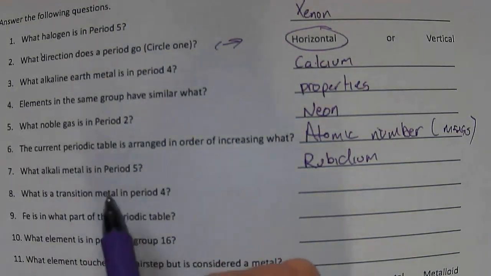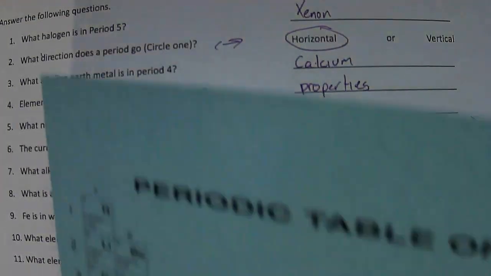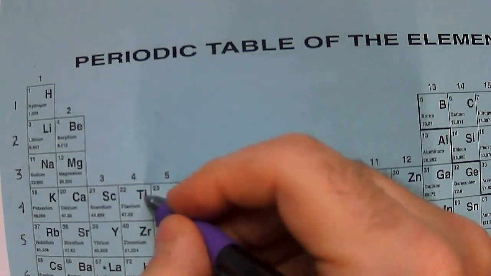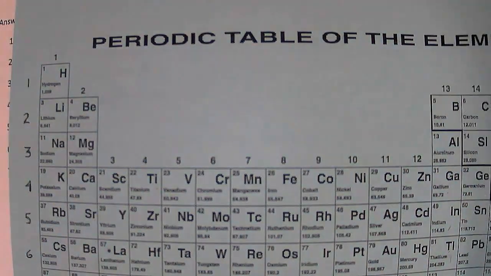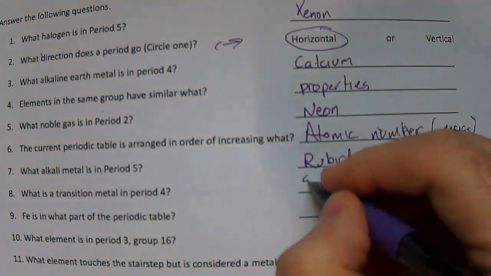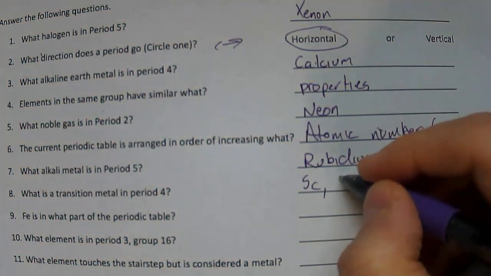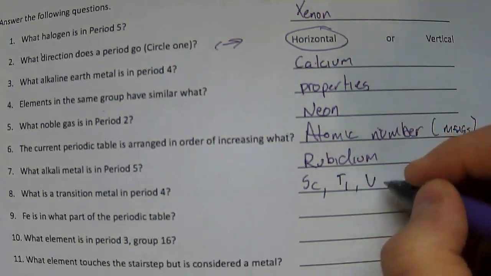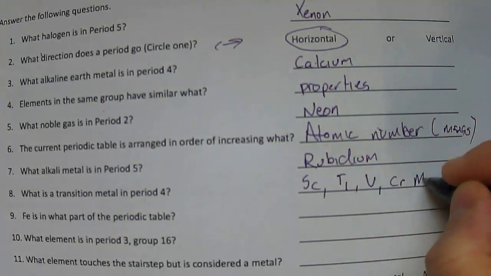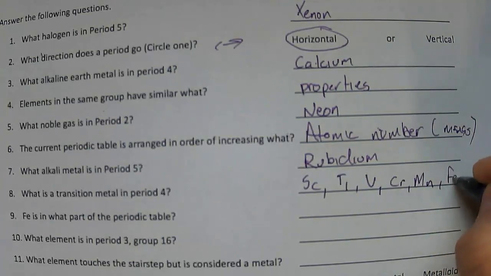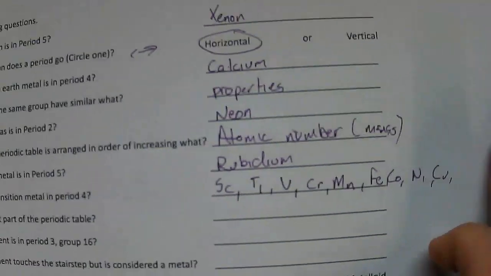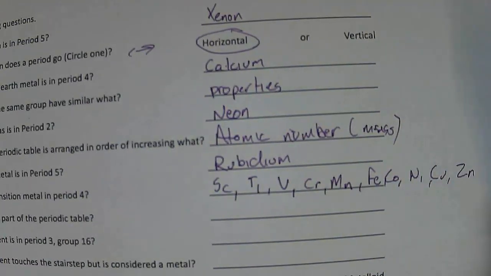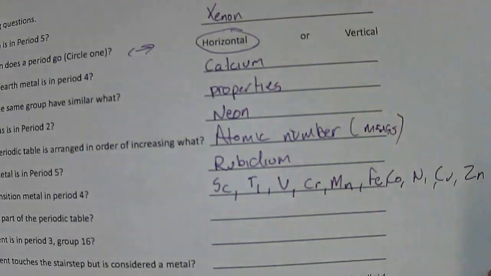Okay, what transition metal is in period 4? Okay, so period 4, could be anything from scandium all the way over to zinc. So it could be SC, it could be TI, it could be V or CR or MN or FE or CO, NI, CU, or ZN. There's 10 options.